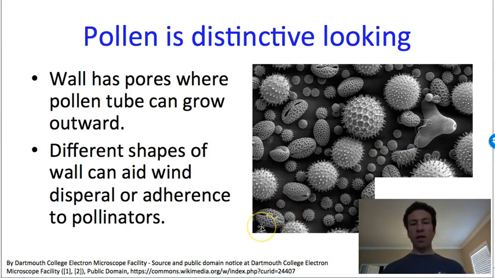So why are there so many different pollen shapes? The shape of the wall can affect wind dispersal because there are some kinds of flowering plants that still use wind to disperse, or the shapes can help the pollen stick to a pollinator or stick to the stigma when it eventually lands.